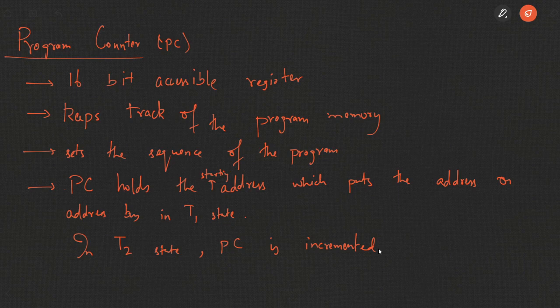Fine. So it helps us in execution of the program and storing the address from where we started the execution, and in every instruction cycle it will be incremented by 1. By the end of every machine cycle, the PC will hold the address of the next location from where it has to fetch the next instruction.